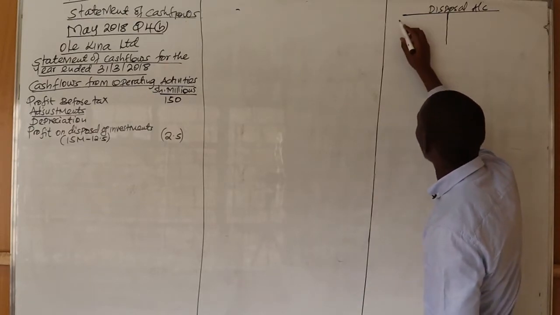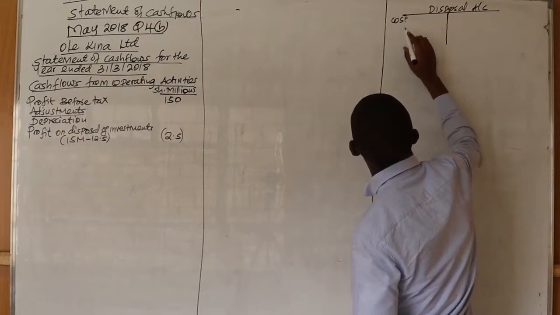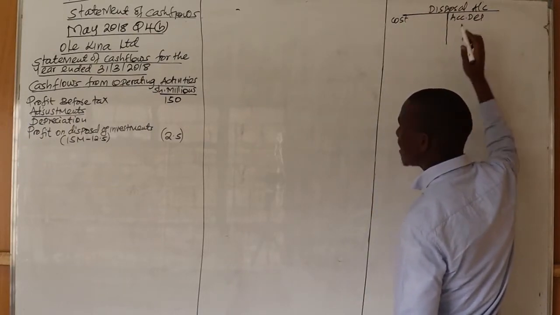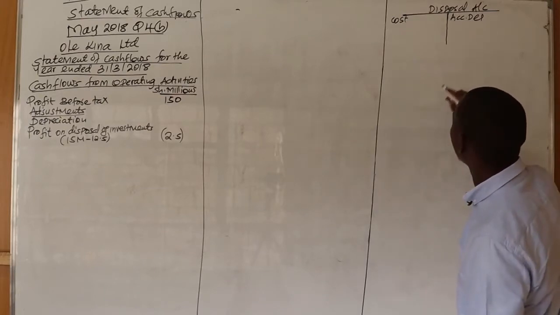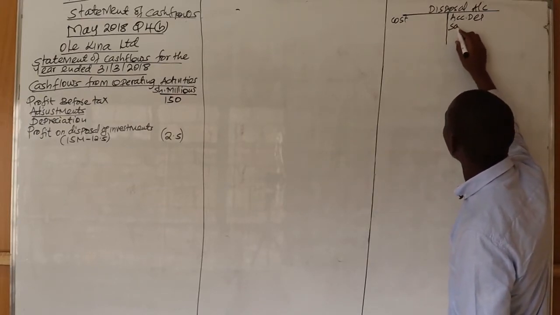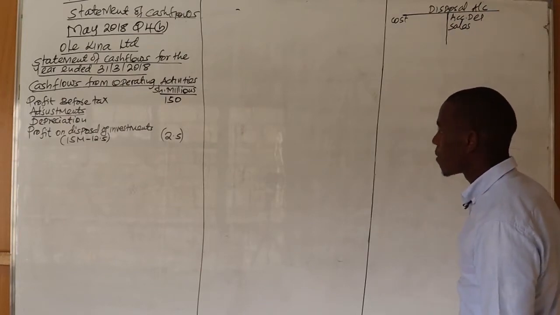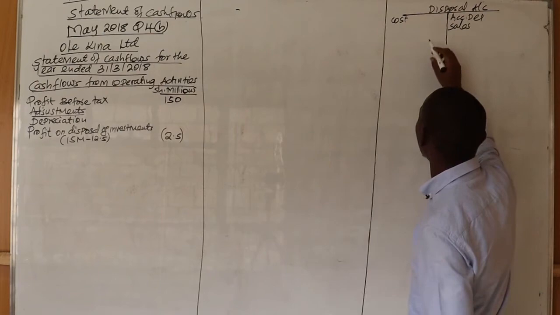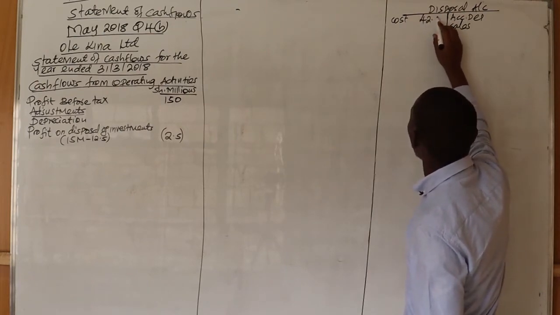So in the disposal account, you are supposed to have the cost, the accumulated depreciation, and the sales proceeds. Now, the cost of this machine, the fixtures, was 42.5.